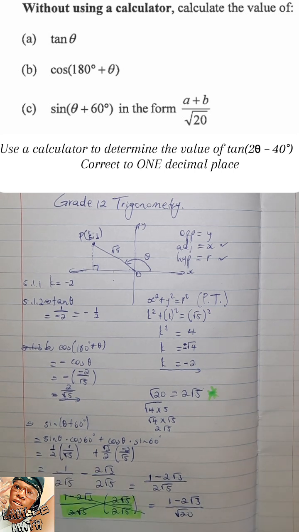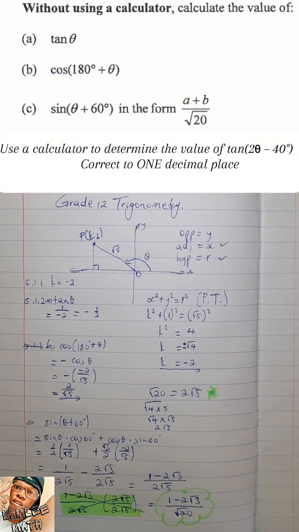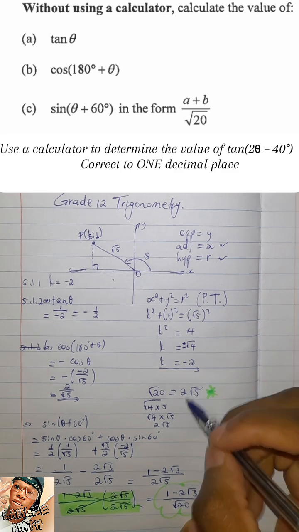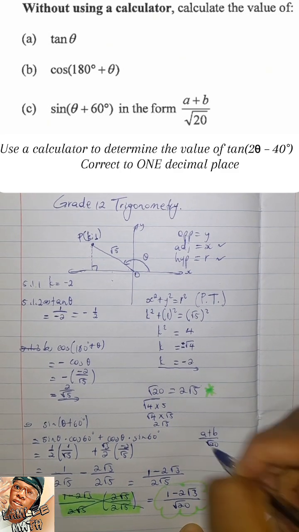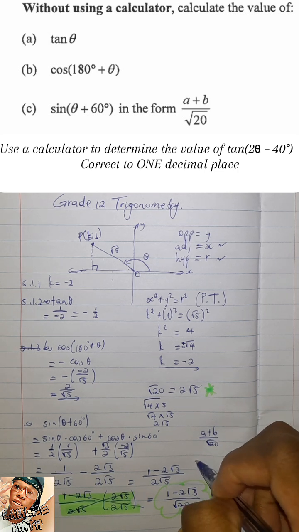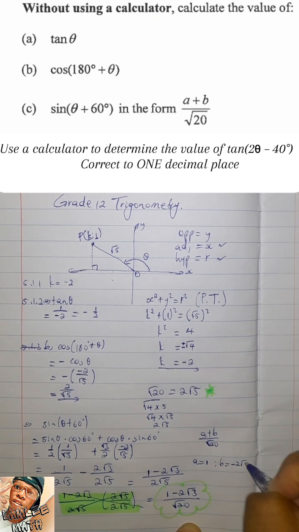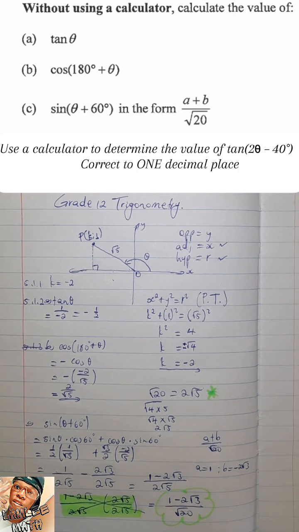So in this case, our a is equal to 1 and our b is equal to negative 2 root 3, right? So moving on to the next question.